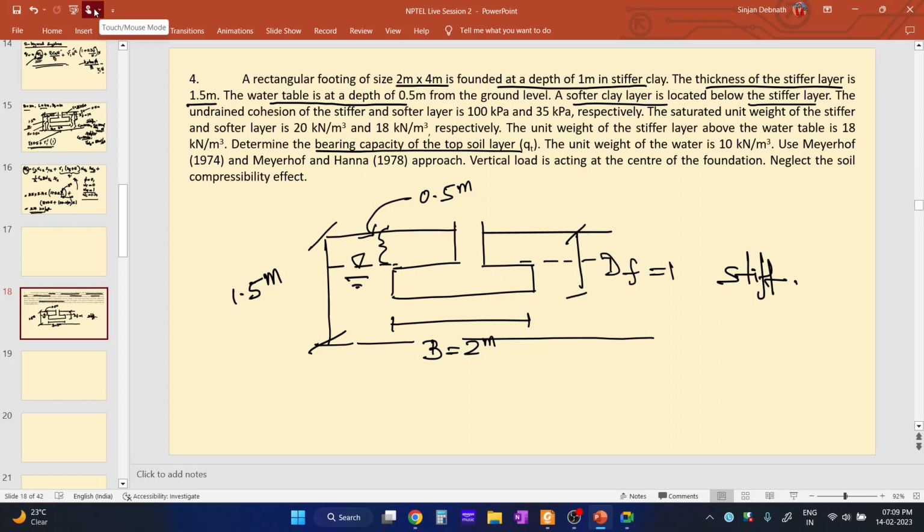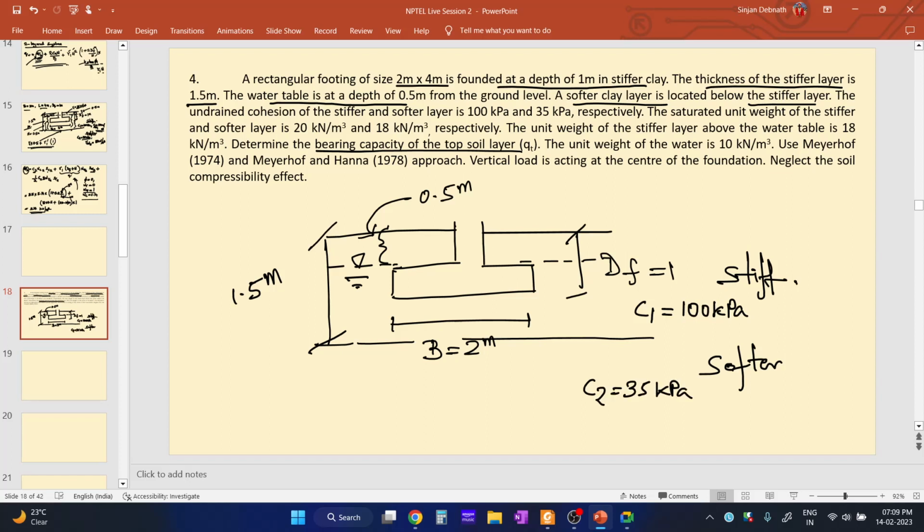So, as I was saying, this is a softer layer, located below the stiffer layer. The undrained cohesion of the stiffer and softer layer: C1 is 100 kPa for the stiffer layer, and for the softer layer C2 is 35 kPa.